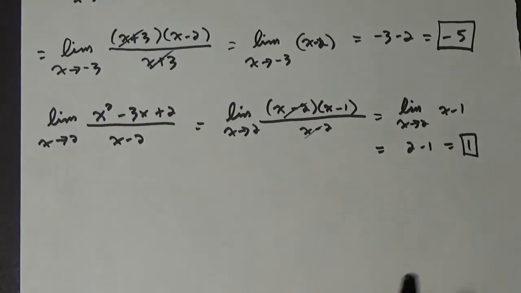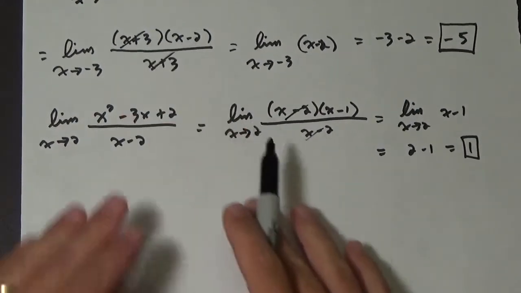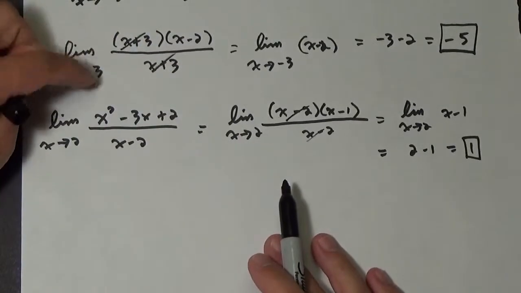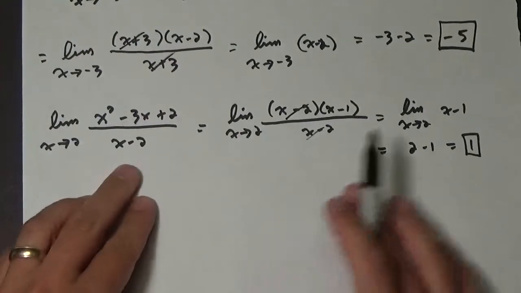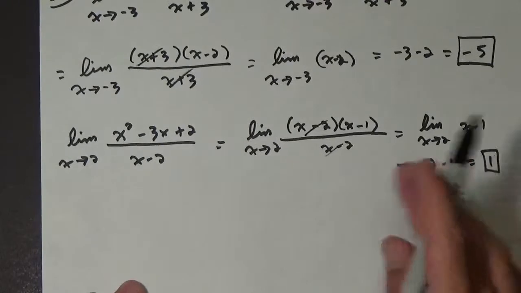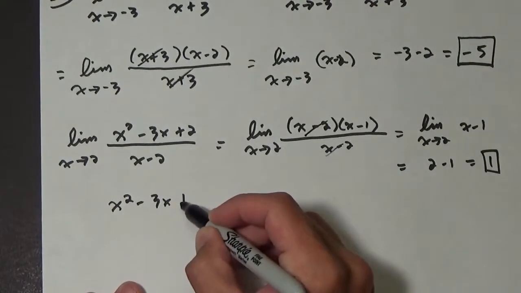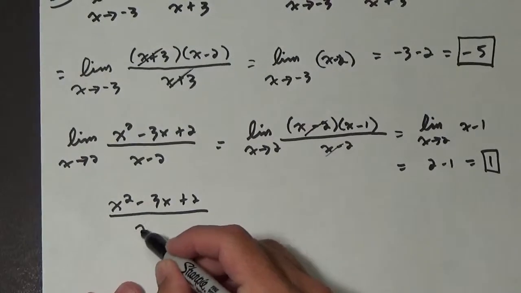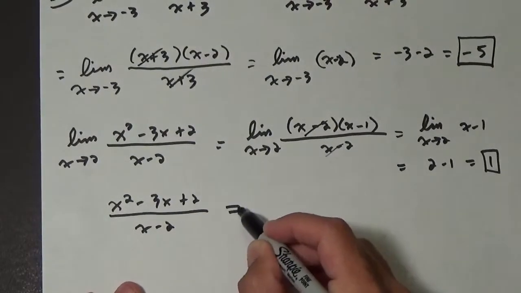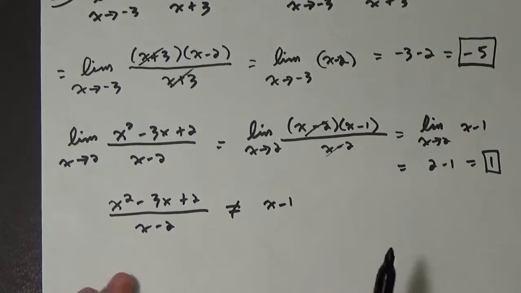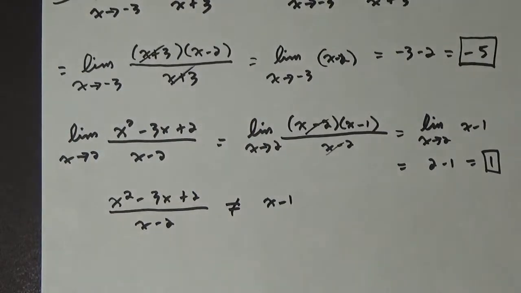All right, a couple more things. Let's go back to this one up here. One thing that's important is we are not saying that x squared minus 3x plus 2 all over x minus 2 does not equal x minus 1. So if you remember from pre-calculus in our study of rational functions, these are not equivalent.